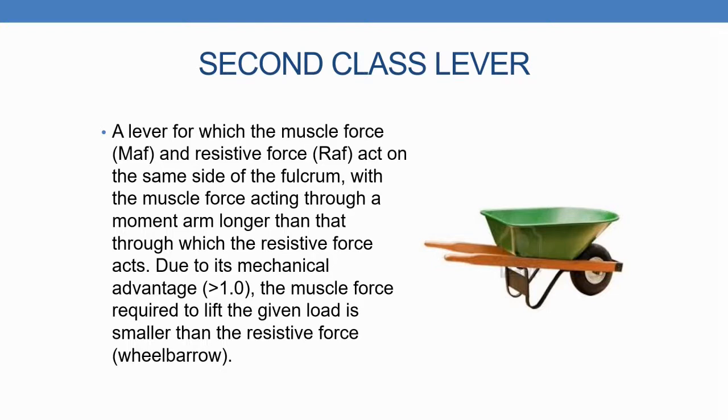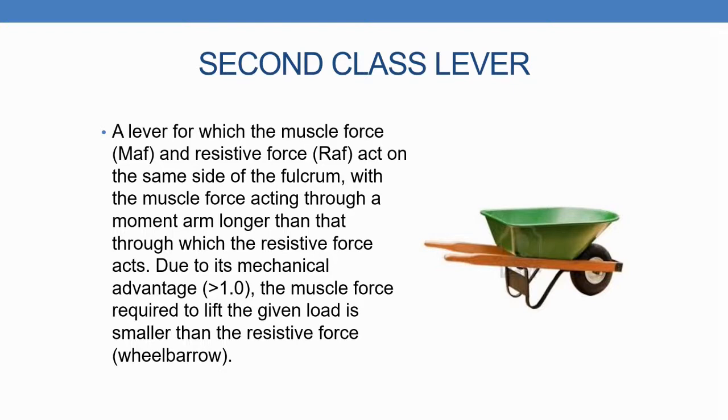Muscles apply forces. So a second-class lever is a lever for which the muscle force and the resistive force act on the same side of the fulcrum, with the muscle force acting through a moment arm that is longer than the moment arm through which the resistive force acts. Because of this, it is a leverage system with very advantageous mechanical advantage.